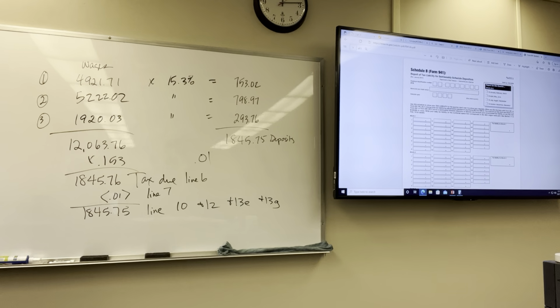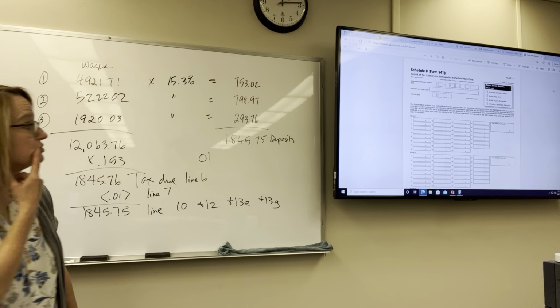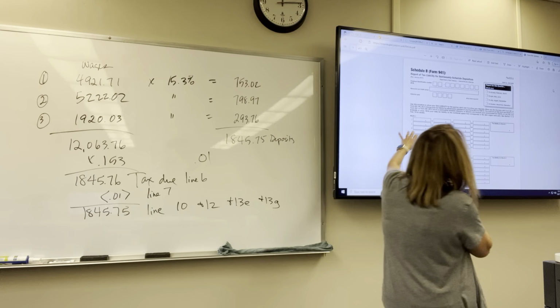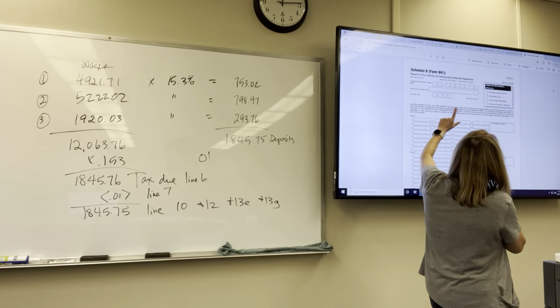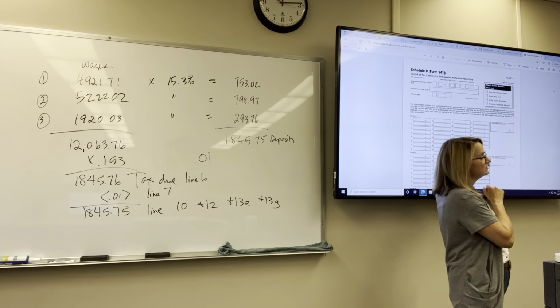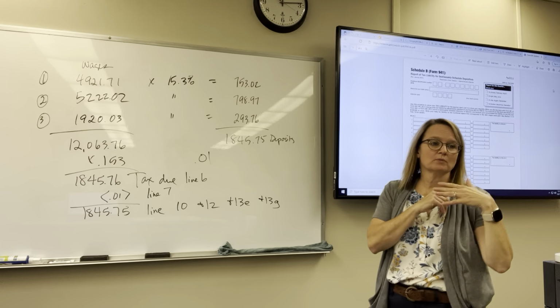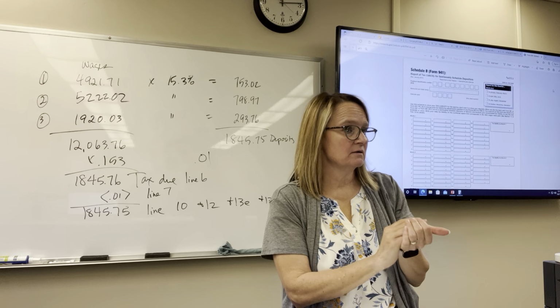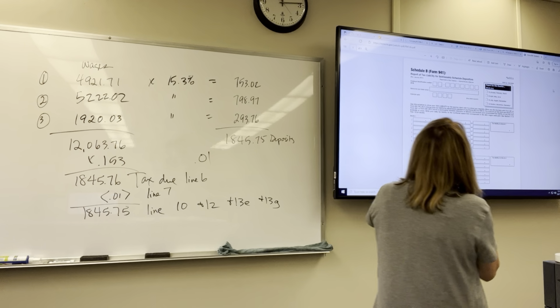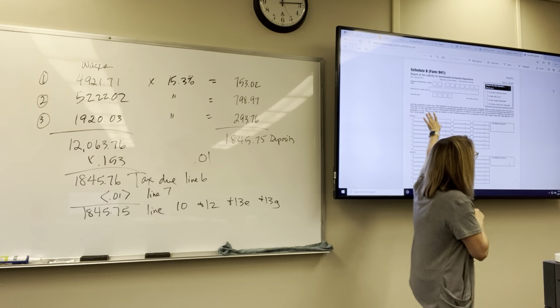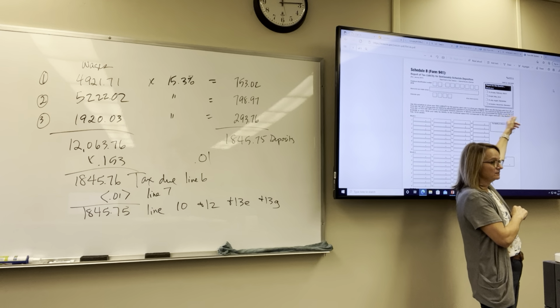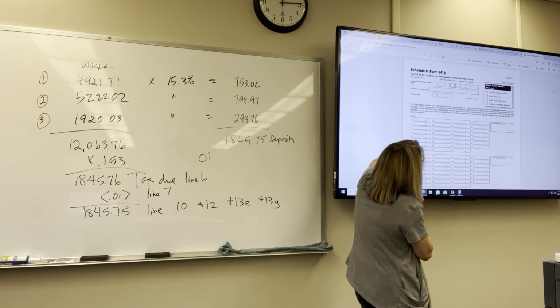Okay, so the Schedule B is used for semi-weekly scheduled depositors. You'd also use it if you had a next day deposit requirement. Again, all the information and the instructions are right up here. You just have to read it.